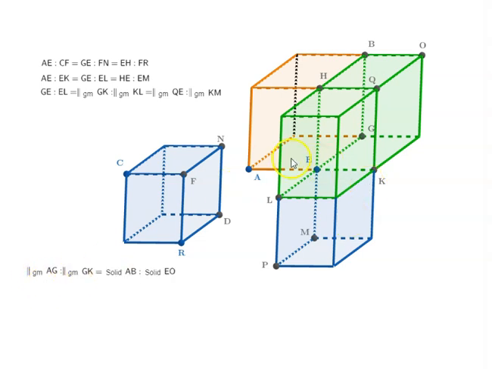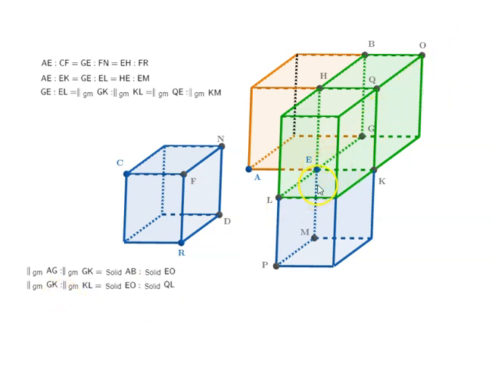Parallelogram AG and parallelogram GK, whatever ratio they are in, the same ratio the solids on them will also have. So that means parallelogram AG is to parallelogram GK as solid AB is to solid EO.